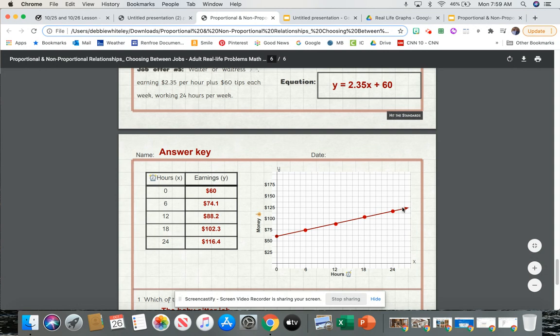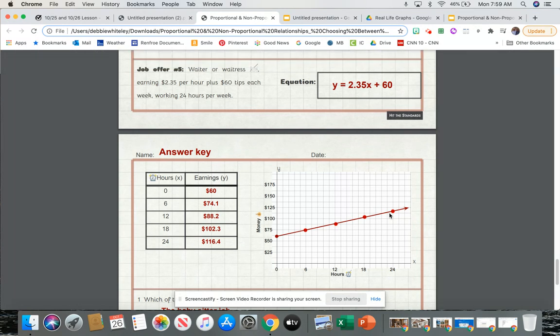So this one has a straight line, but it does not pass through the origin 0, 0. So this one is non-proportional. So analyze each graph. Each graph should have a straight line because each graph has a constant rate of change, but not all the graphs pass through 0, 0. So not all of them will be proportional.